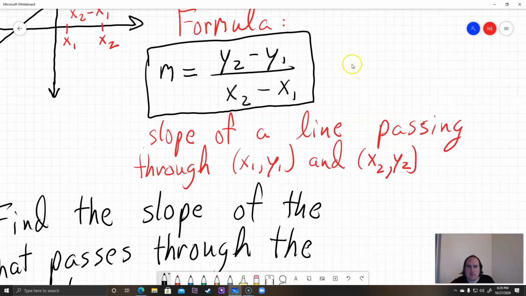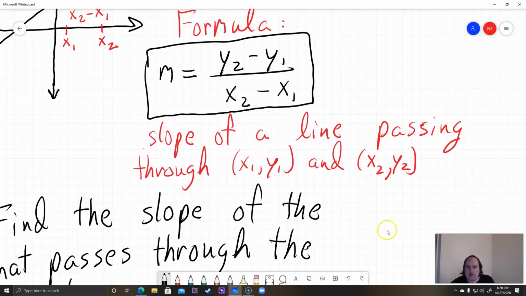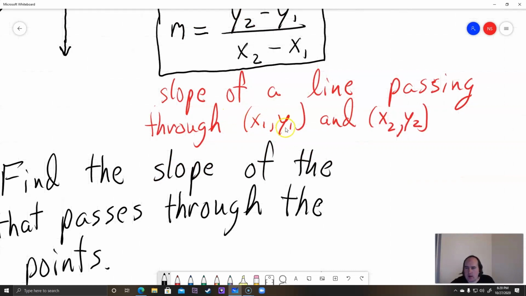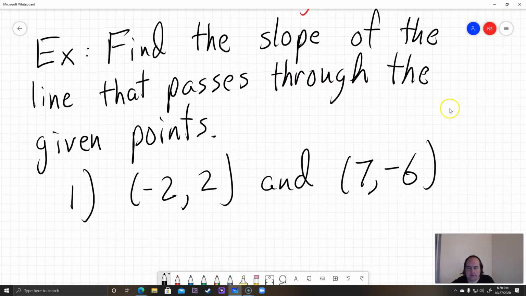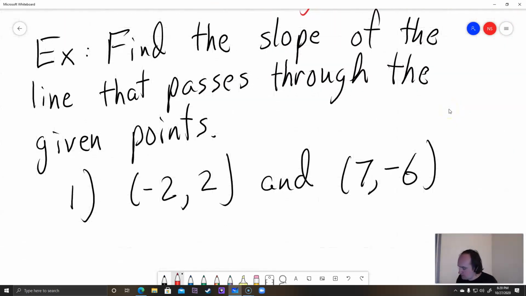To use this slope formula, we need to label our points x1, y1, and x2, y2, just to make it easy to plug stuff into the formula. I'm labeling my first point x1, y1, and my second point x2, y2.